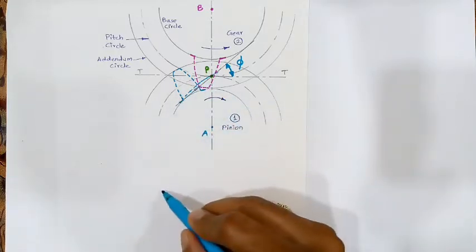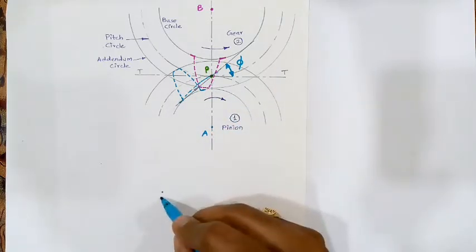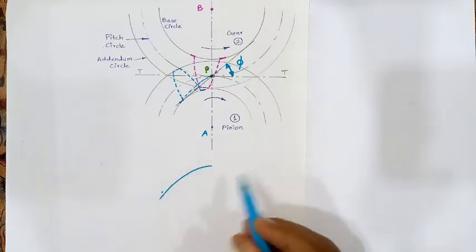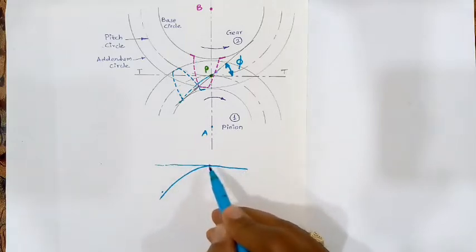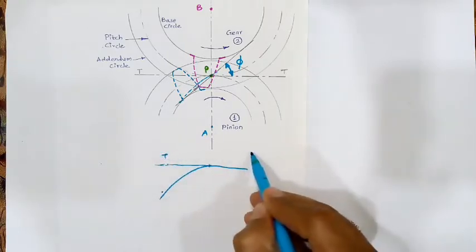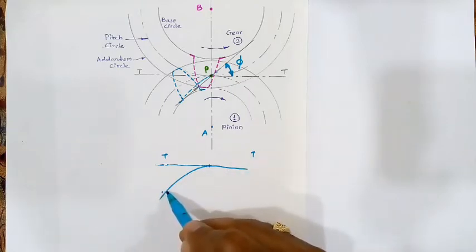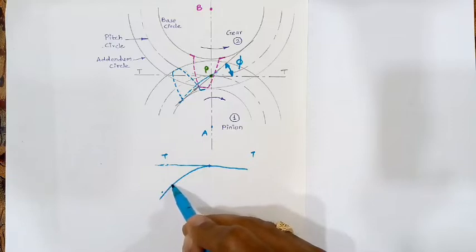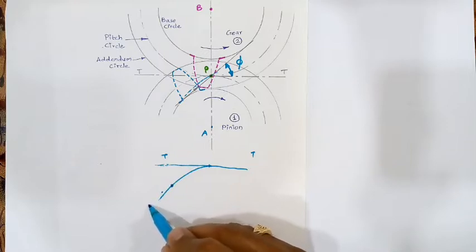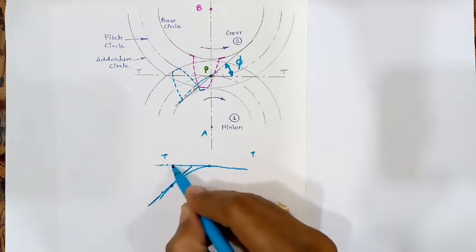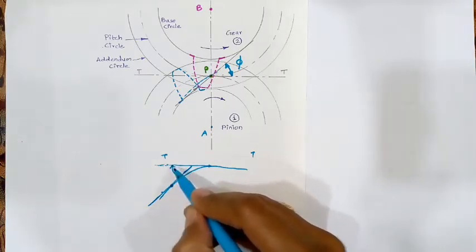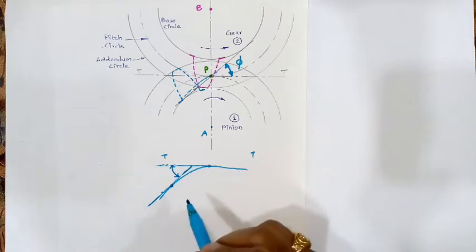If I want to find the angle made by the curve as shown in the figure with respect to a fixed line, say the common tangent, at this particular point, I will have to draw a tangent at that point and measure the angle made by the tangent with the TT line.